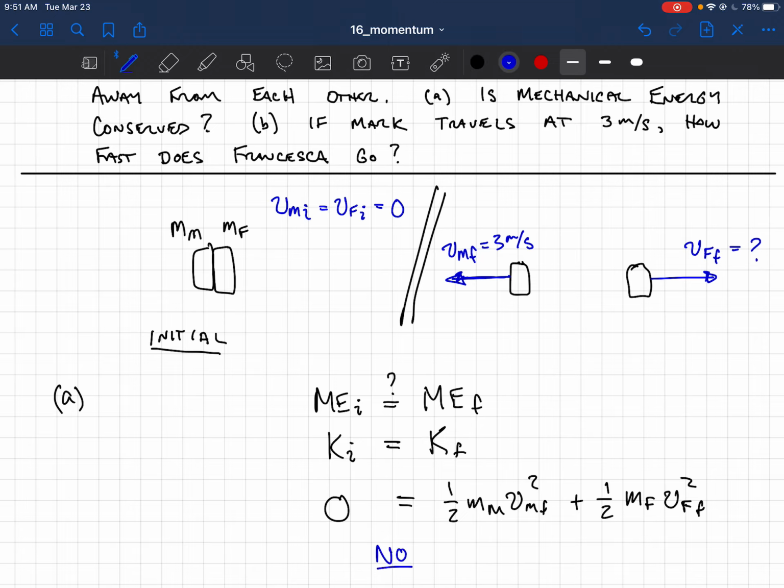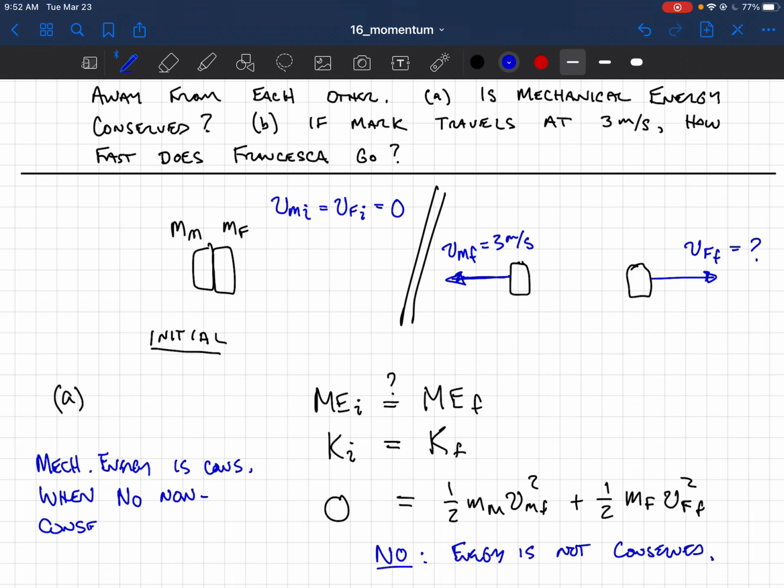Well, we know the answer already. No. Energy is not conserved. So this is exactly like what just happened with the curling stones, except in this case we can sort of understand why. So mechanical energy is conserved when, do you remember?